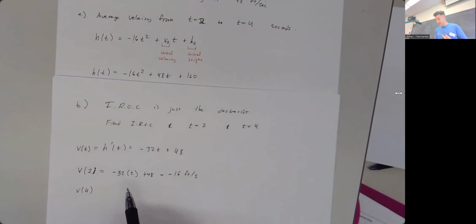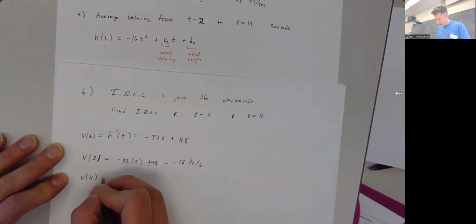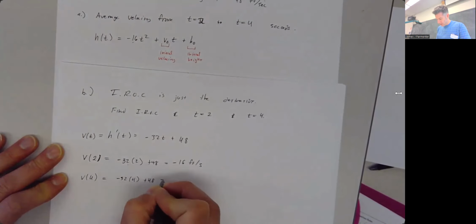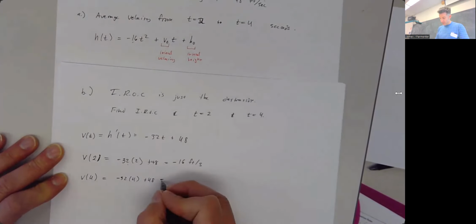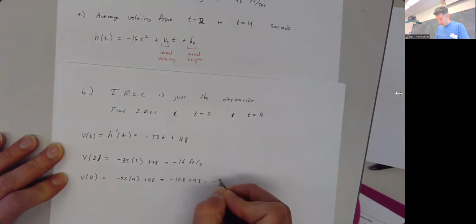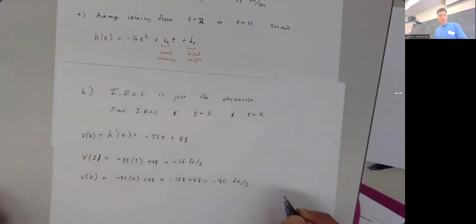So 2 seconds later, it should be about negative 64 more, so like negative 80 feet per second. Let's actually see. I plug in v of 4: negative 32 times 4 plus 48. Negative 32 times 4 is negative 128 plus 48, which is exactly negative 80 feet per second.